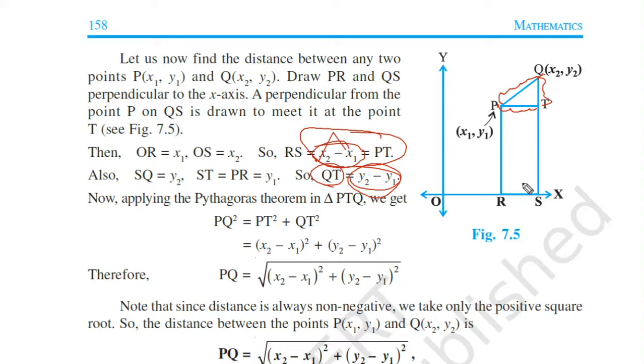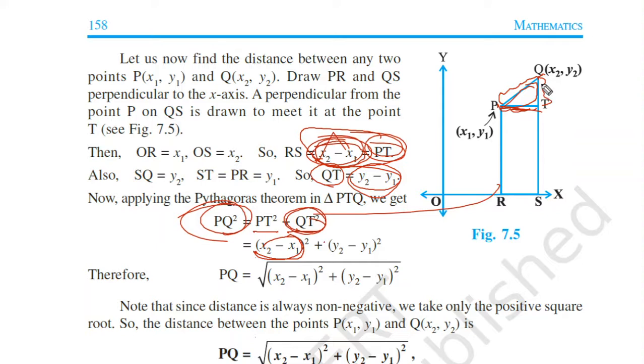Now what we need is the length of PQ. We'll use the Pythagoras theorem here also. PQ square is equal to PT square plus QT square. What is the length of PT? PT is equal to X2 minus X1, so X2 minus X1 square, plus what is the length of QT?